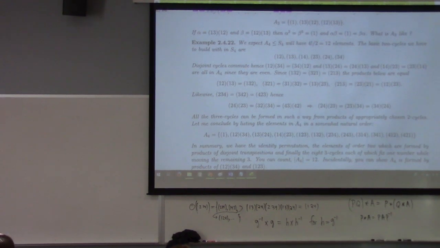Yeah, 3, 4, 2, or 6. What else do we know, though? There's something else we know. What was it? What would the class equation say? Is that relevant here?